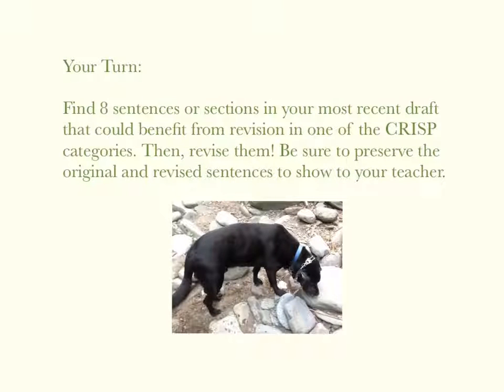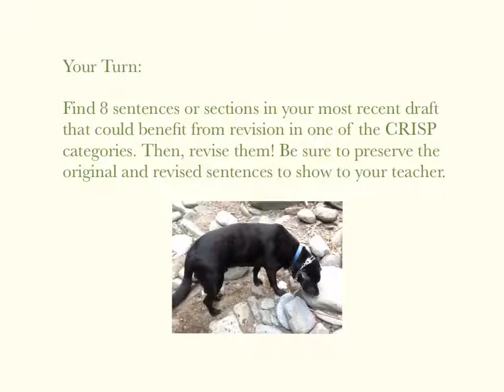All right, so to practice this, find 8 sentences or sections, so they could be more than a sentence or maybe a little shorter than a sentence, in your most recent draft, whatever you're working on, that could benefit from revision. And so find 8 sentences to improve in one of the CRISP categories. You don't need to worry about getting a sentence from each.